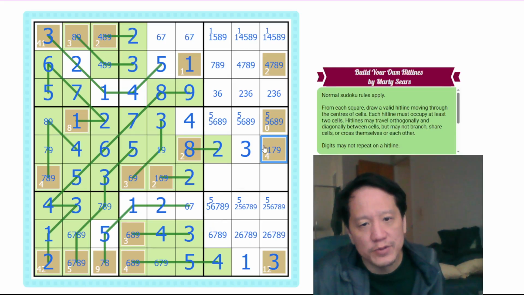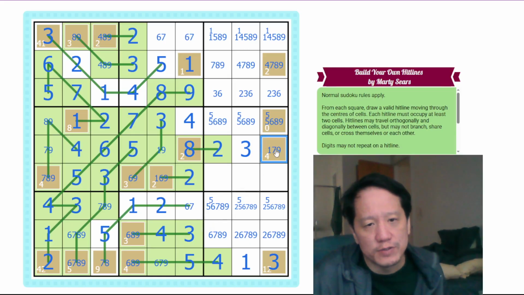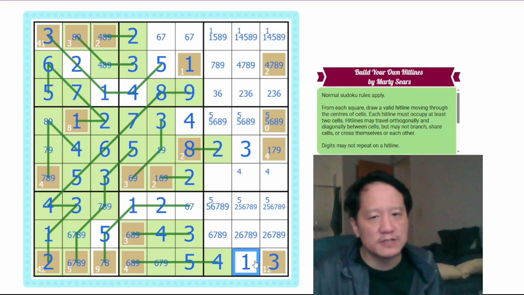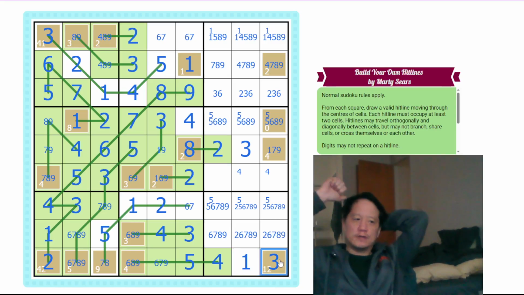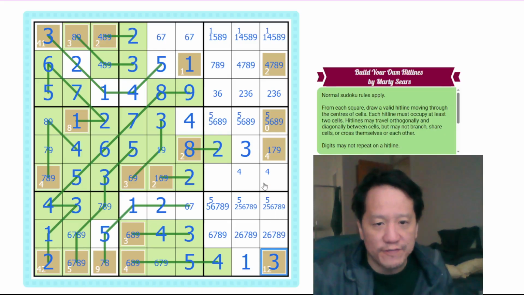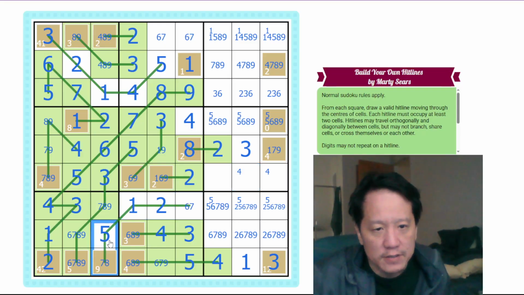That means this can't be 3. This could just be 1 something 3 there, that way. So this needs to be 3 that's accessed. 4 needs to be accessed here. This is 3. Doesn't have access to a 1 on the hit line. It could be 2, 4, 6, but the 4 needs to be on this hit line to match.